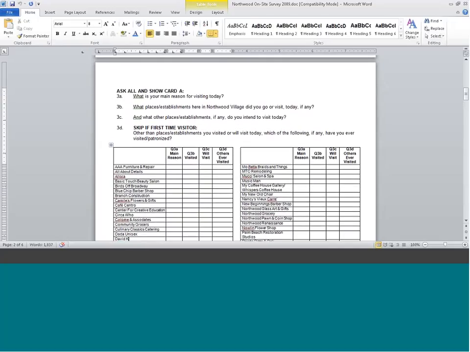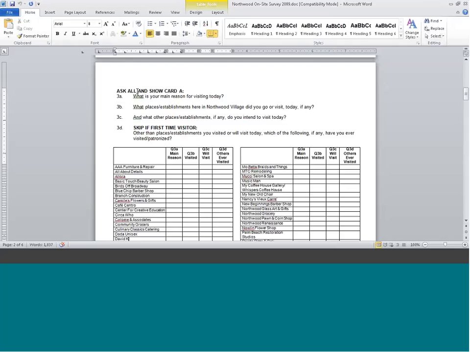A lot of times on a survey, they would have just asked them, what was your main reason for visiting today? They would have just let them tell them, I was going to the flower shop or I was going to the beauty salon. But for some reason, they had a card that they were showing them, probably the names of the companies on the card, just to remind them of everything that's in the village. But everybody gets asked this question.